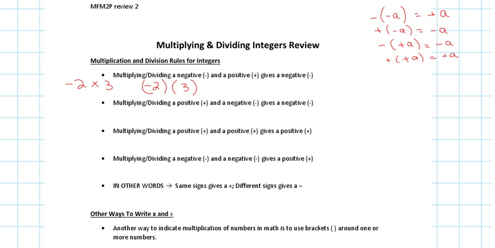It's multiplication. What's negative 2 times 3? It's a negative 6. Remember, I'm multiplying a negative by a positive. So in this case, it's a negative 6. Okay? So anytime you multiply a negative by a positive, you get a negative.